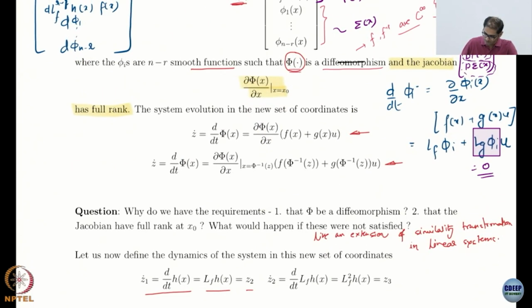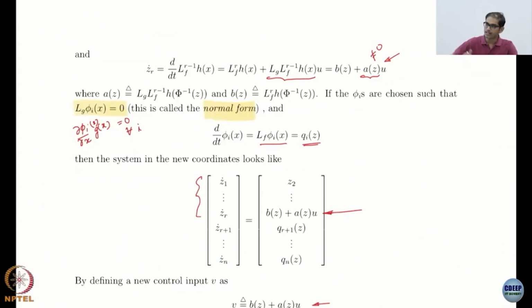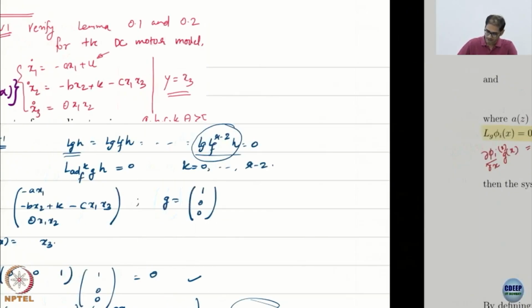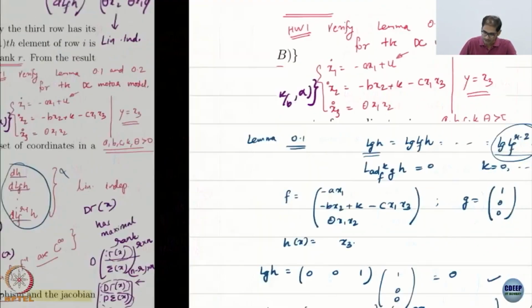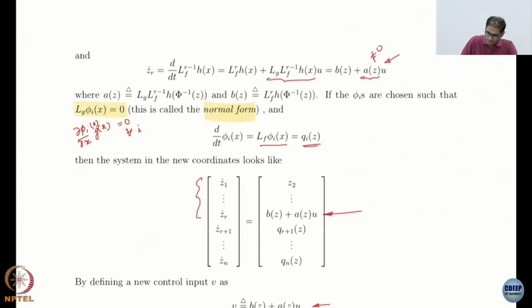So therefore Z2 dot is LF squared H, which is Z3, and you can keep on going like this. You essentially form a chain of integrators: Z1 dot is Z2, Z2 dot is Z3, and so on until you get to ZR dot, which is the last coordinate. Now when I take the derivative of this, I will get LFR H plus LG LFR minus 1 H, just by taking the standard derivative and plugging in the dynamics.